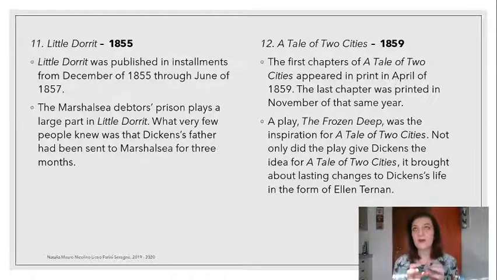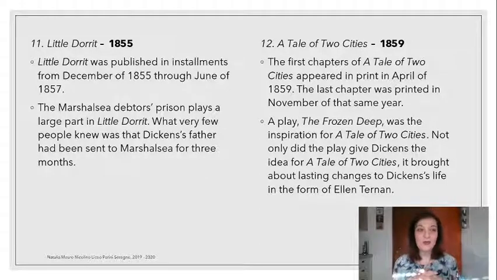This is important not only because of the story, but because of the gossip, because it is inspired by Dickens's play The Frozen Deep, which made him meet the very young actress Ellen Ternan, who became his lover.